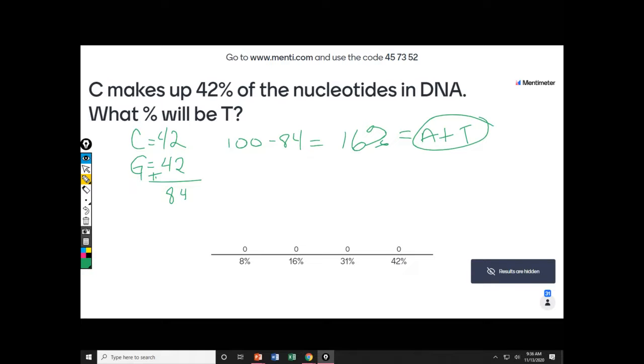Now, on the plus side, we know that A and T exist in equal amounts, right? So all I need to do is divide that in half. And that would be A or T, right? Both A and T should be 8% each.